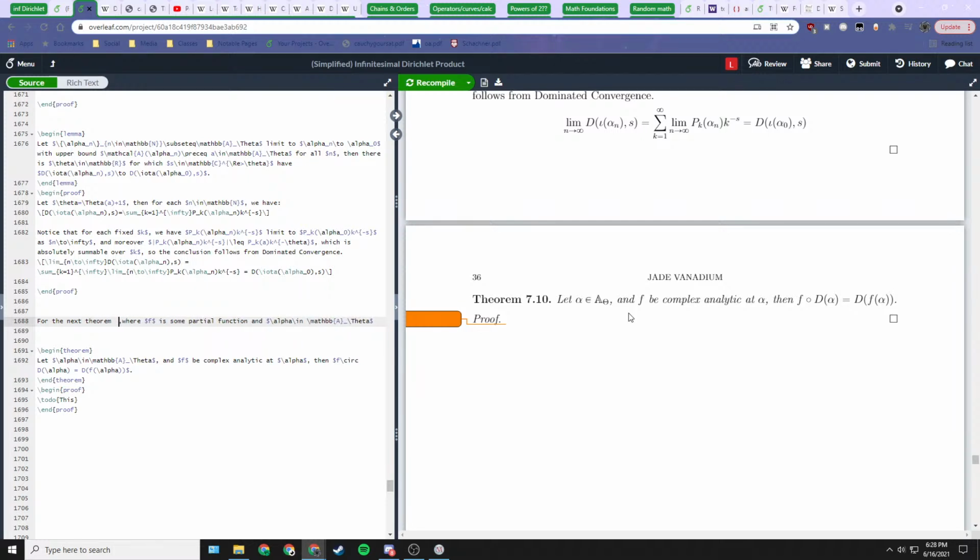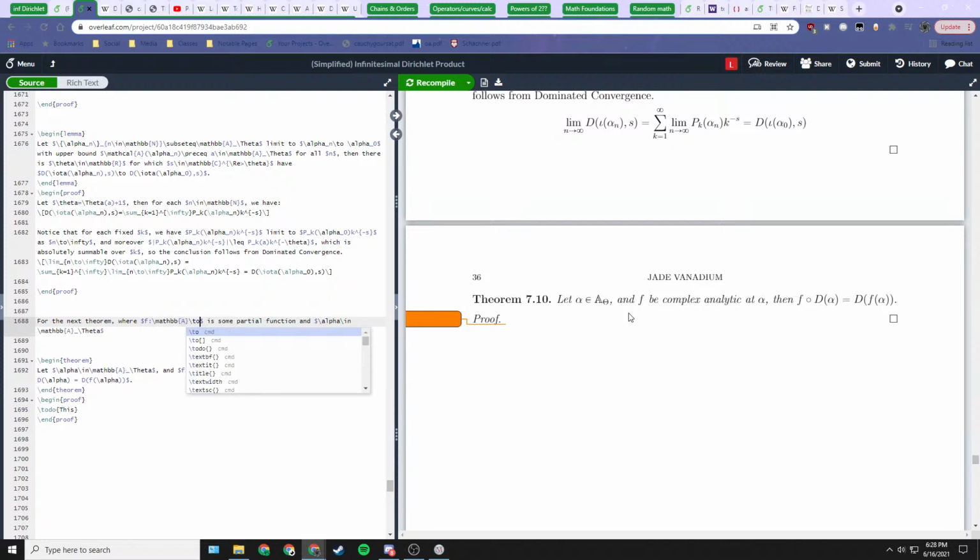So where f is some function, a partial function, defined in a neighborhood of alpha.